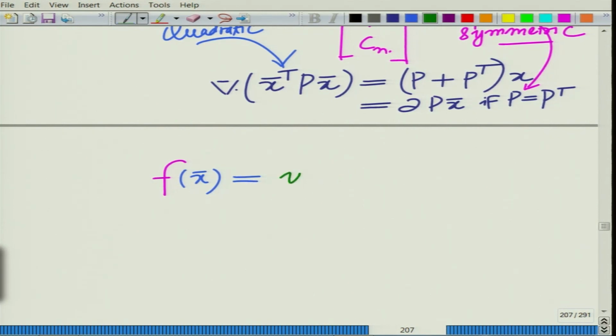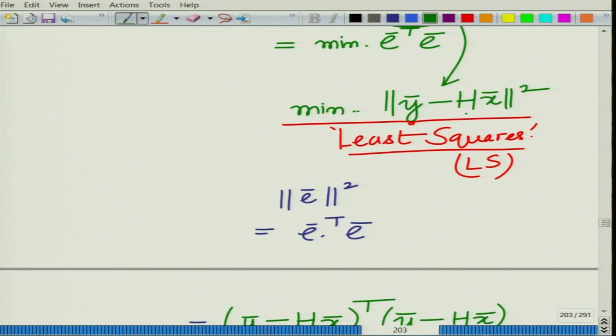This is essentially equal to y bar transpose y bar minus twice x bar transpose h transpose y bar, I am sorry, I think at some point we missed this.